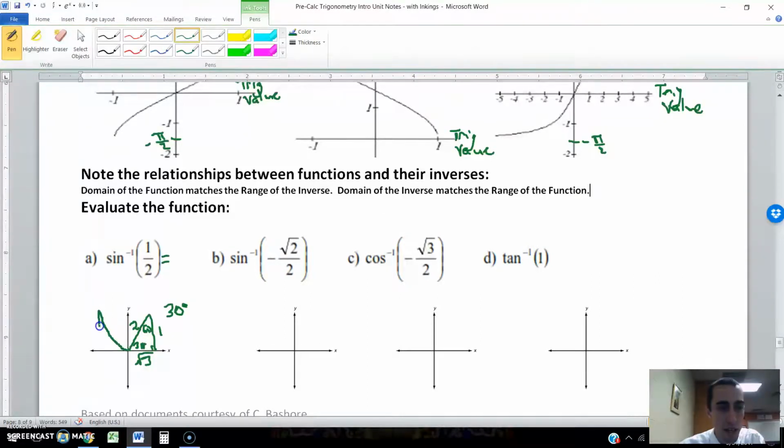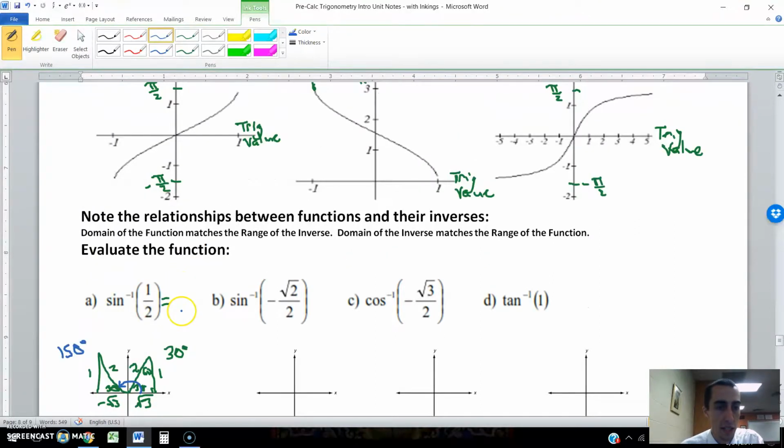But I also remember that if I had a 30-degree angle over in quadrant 2, the opposite over hypotenuse would also be 1/2. Now this 30-degree angle over in quadrant 2 is generated by a 150-degree angle, like that. So these two angles, 30 and 150, have a sine value of 1/2.